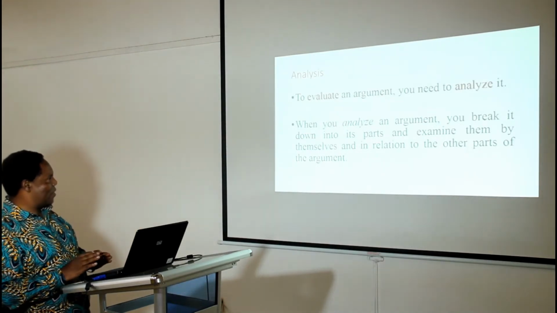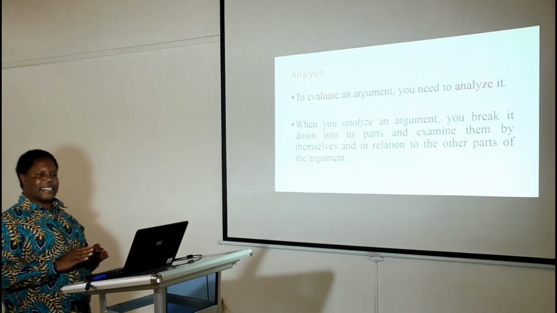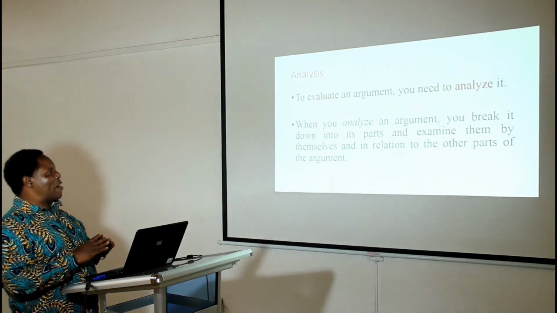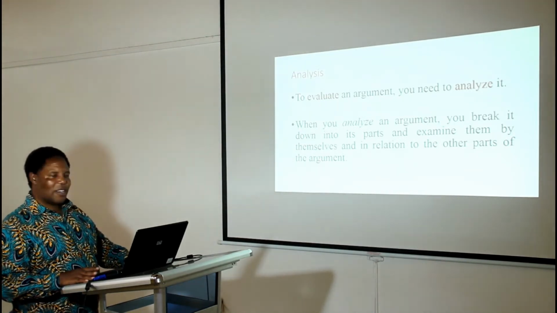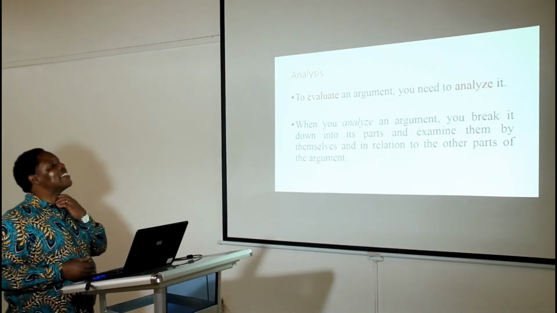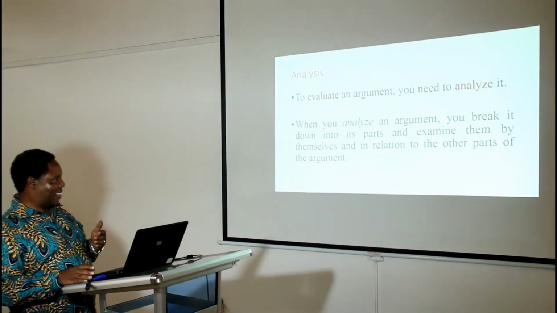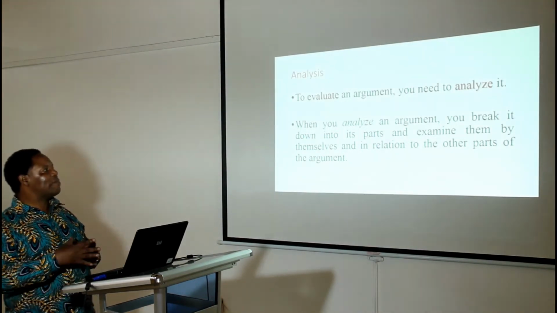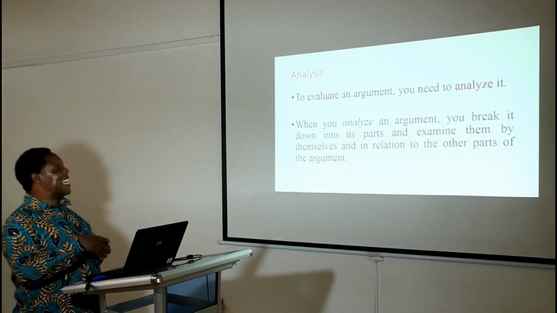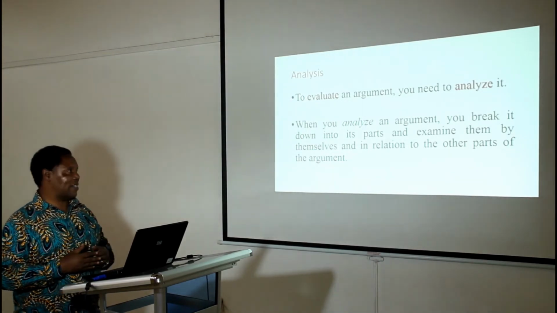And then we have analysis. To evaluate an argument, you need to analyze it. Once you have an argument, you break it down into its parts and examine them by themselves and in relation to the other parts of the argument.